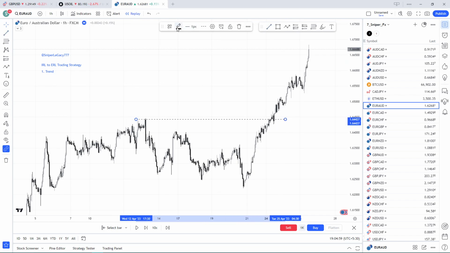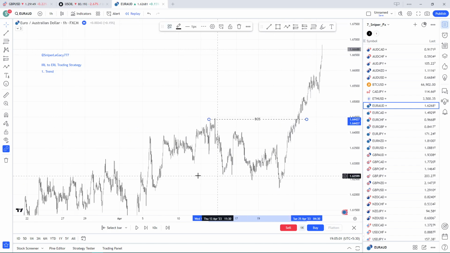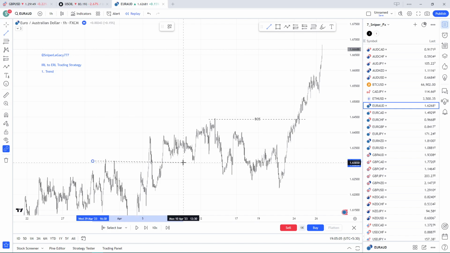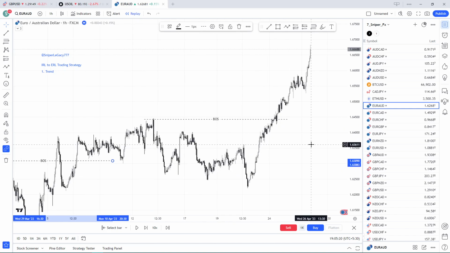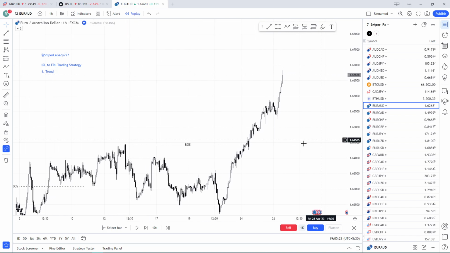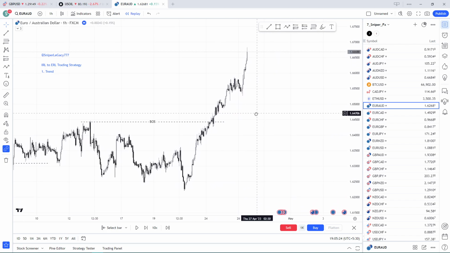We have a BOS, and we have also a BOS here, so we know for a fact that this is a bullish trend. Just watch my BOS and trend videos so that you will have more clarity on this concept. Let us continue. We have two BOS, so we know that it's a confirmed uptrend.